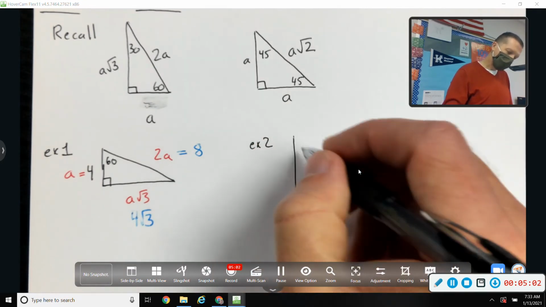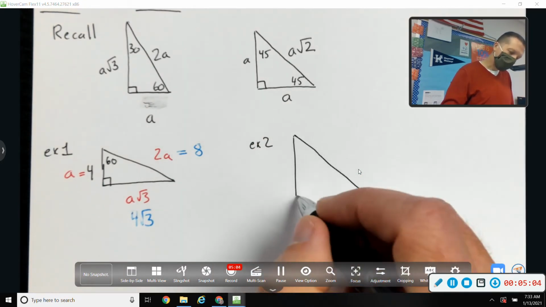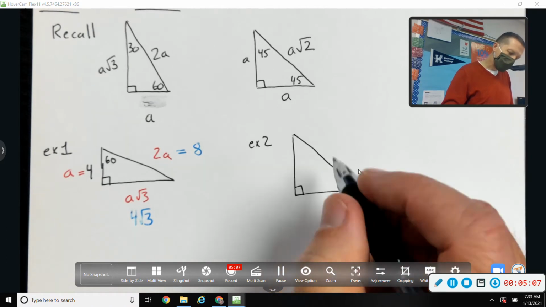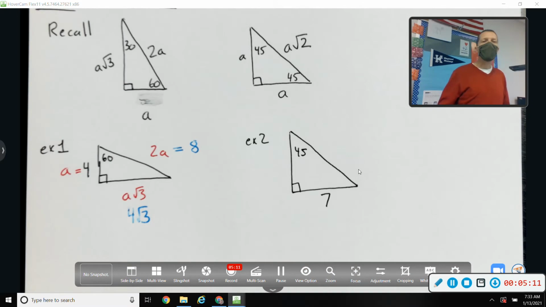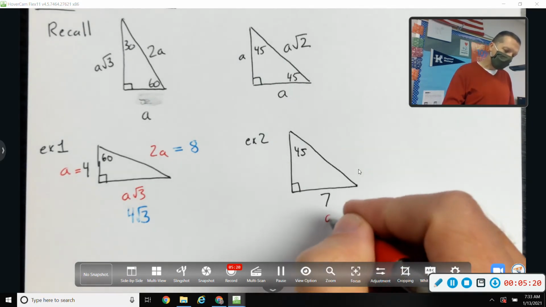Okay, some hesitant nods. Let's try another one with a 45, 45, 90 right triangle. That one should be relatively straightforward. So one of the sides is 7. Let's put the pattern on.